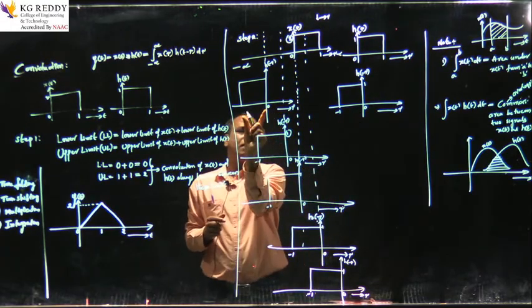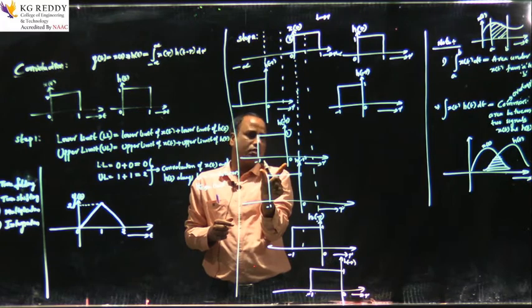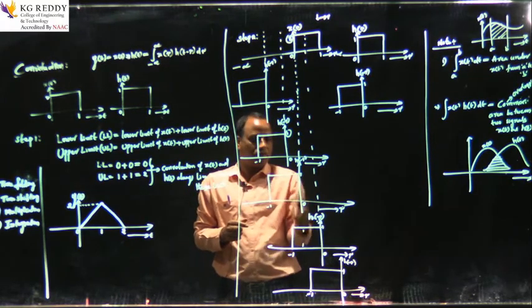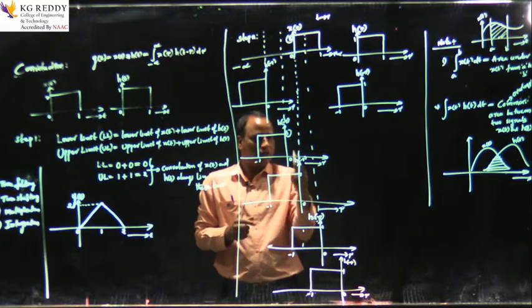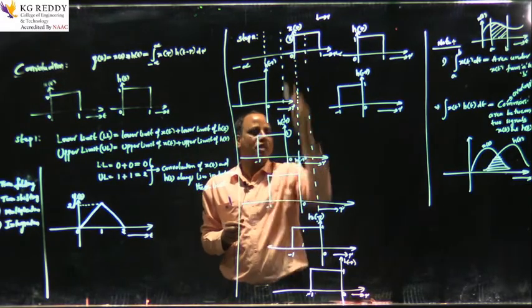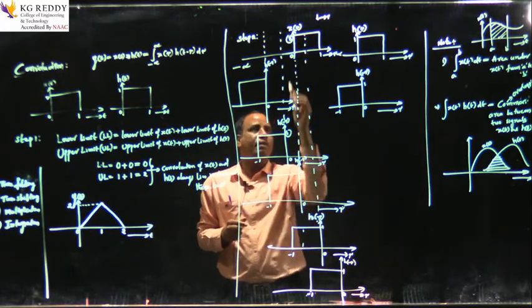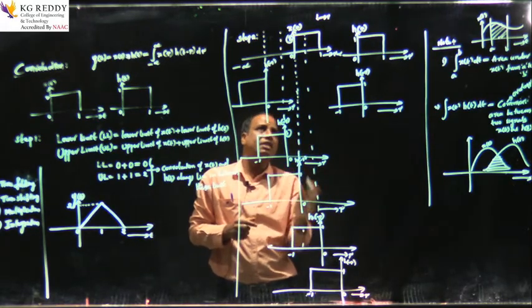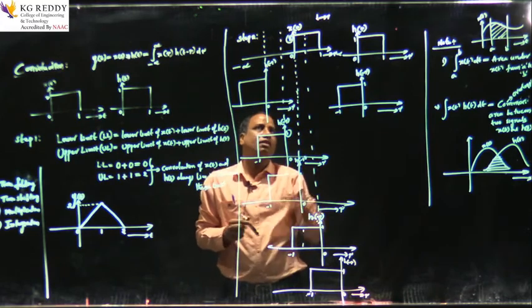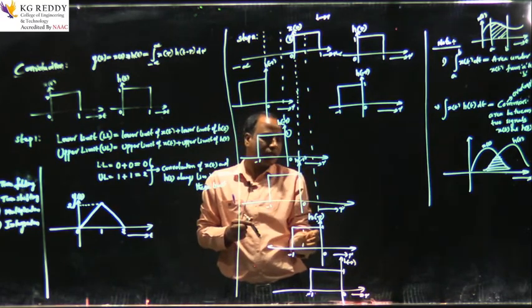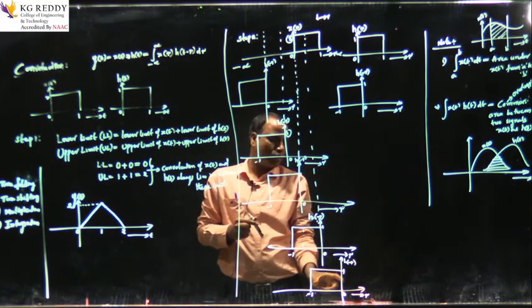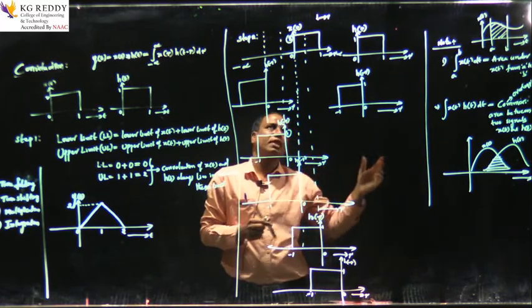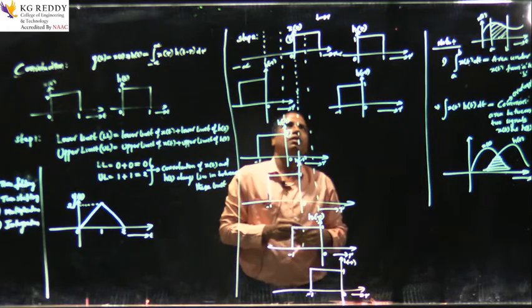There is no common area yet, but here if you see the vertical axis h of minus tau, this axis is coinciding with this particular axis, and this is where the overlapping area starts. As I move the signal towards the right side, the overlapping area keeps on increasing up to 100% overlap, and if I keep moving the signal further, the overlapping area decreases.